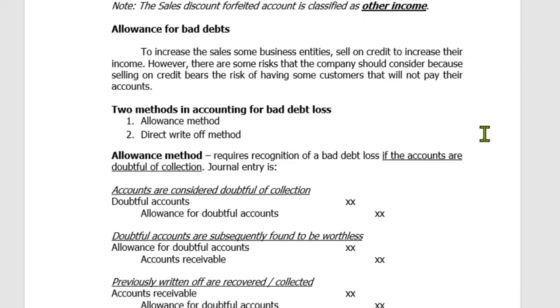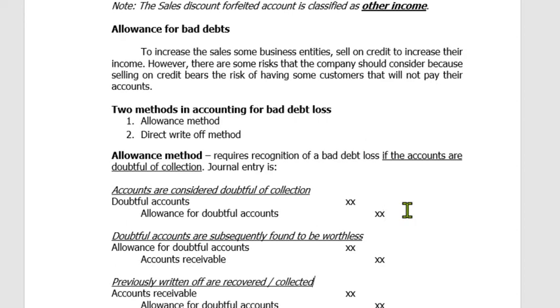Itong allowance for doubtful accounts, ito ay deduction eventually sa accounts receivable. Kumbaga, kung magkano yung accounts receivable mo, ibabawas mo tong allowance, yun na yung magiging realizable amounts ng accounts receivable. So ito, early stage ng recognition of the doubtful accounts. This is present under allowance method because this is not present under the direct write-off method.